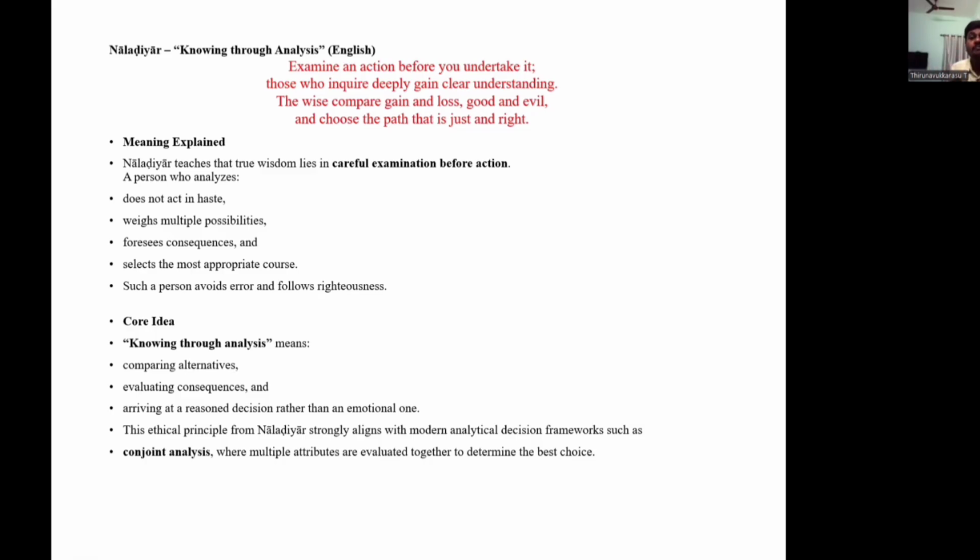So multiple profiles and multiple attributes are compared, and the permutation combinations are evaluated together. Different profiles and different attributes are evaluated together, and consumers are making a decision, making an opinion.